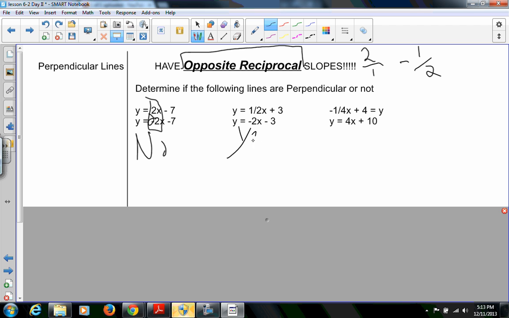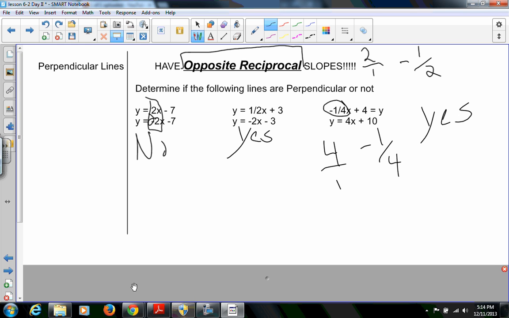So this is, yes, opposite reciprocal. This one is written a little bit differently. It's still in y equals mx plus b form, but it's backwards. Y equals and then mx is over here. So my slopes are 4 and negative 1/4. If you look, these are opposite reciprocals, so the answer here is yes.